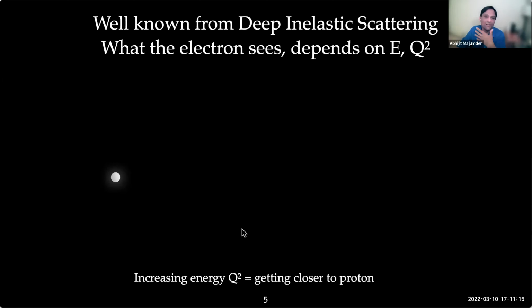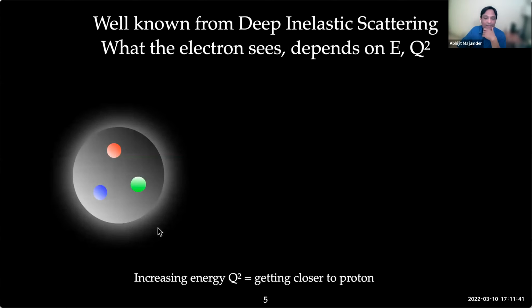What that means is that if you were trying to hit a proton with an electron, as one does in deep inelastic scattering, if the interaction was at low energy or low scale, then the electron scatters from the proton from very far away, and it sees a small colorless object. As you increase the energy or the scale, it starts to go closer to the proton and begins to see substructure. As you keep increasing the energy and the scale, you get even closer and closer, and at some point you begin to notice that there are more than just 3 quarks in a proton. You have lots of gluons as well.